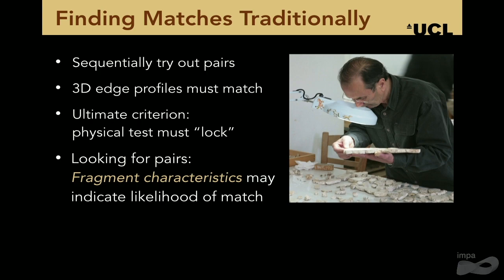And then they sequentially try out pairs, pairwise matches. But you cannot just put two together and say, okay, it's a match. You have to start trying every possible orientation and rotation against them. So it's a very laborious thing. And the test whether something matches is whether the 3D edge profiles correspond to the point that if you put them together, you can feel that nothing wiggles anymore.